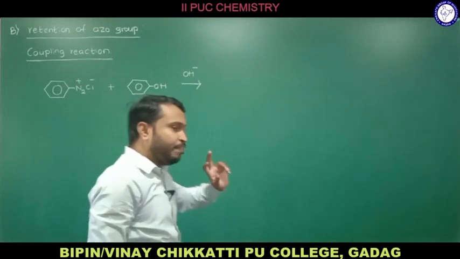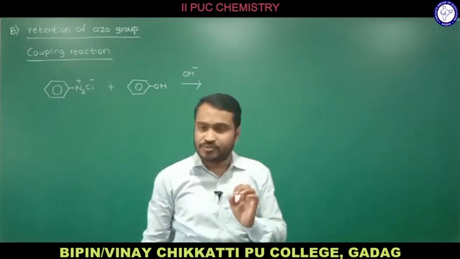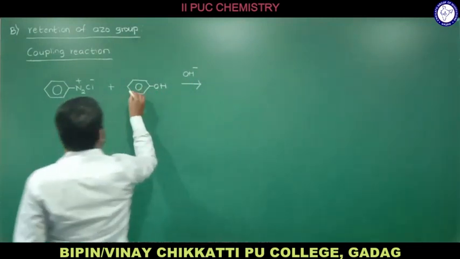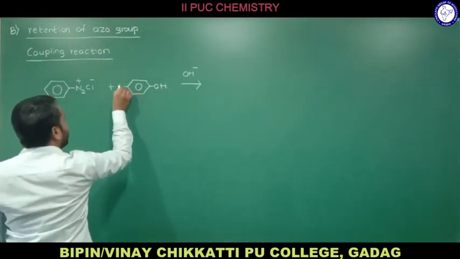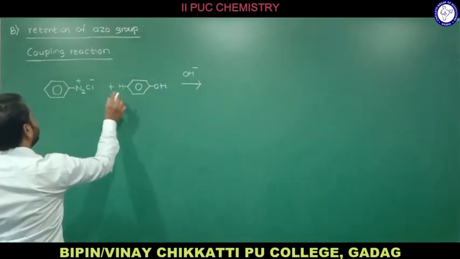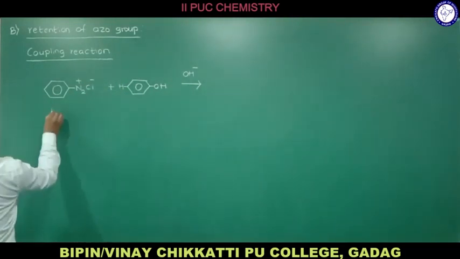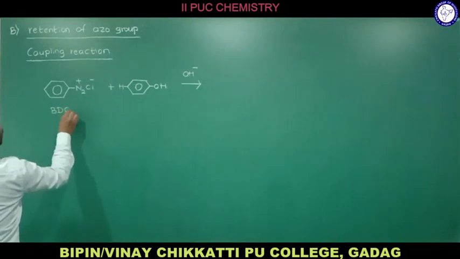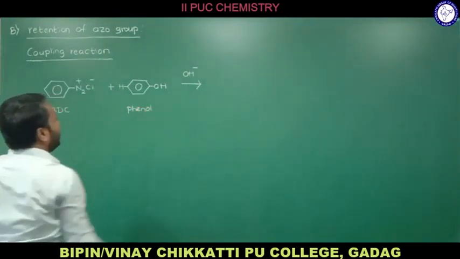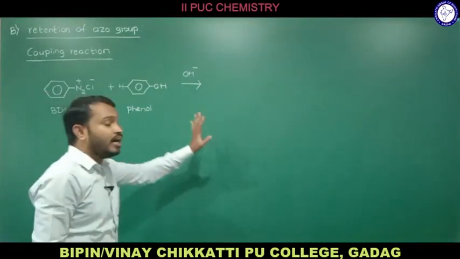There will be coupling of these two. So OH group we have, and here I consider one hydrogen which is at the para position to OH. So coupling of this group with respect to benzene diazonium chloride, this is benzene diazonium chloride and this is phenol, and after this we are going to get an azo compound.